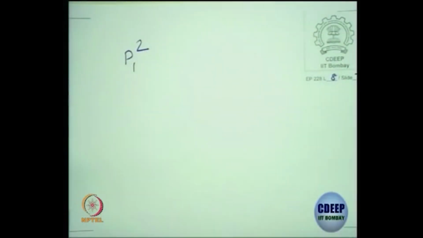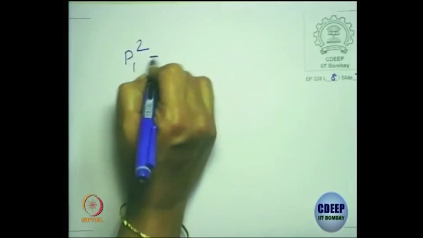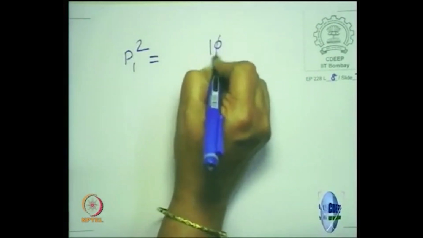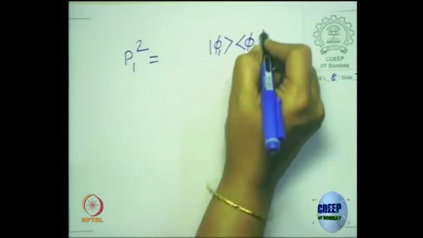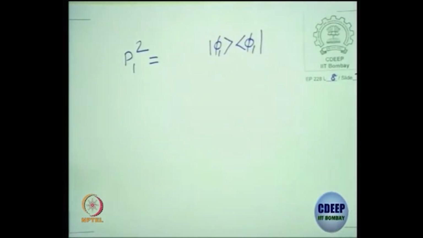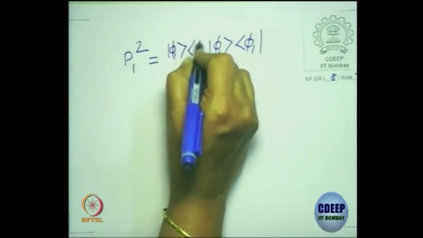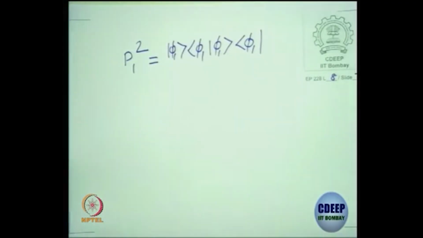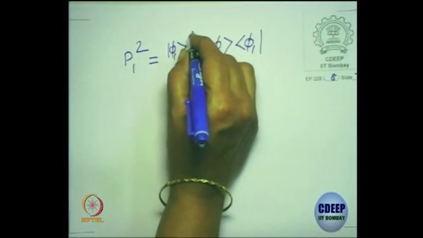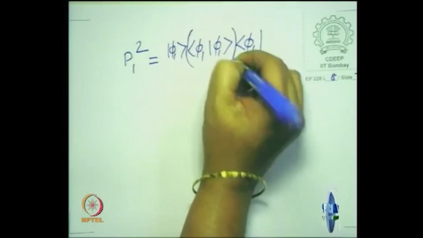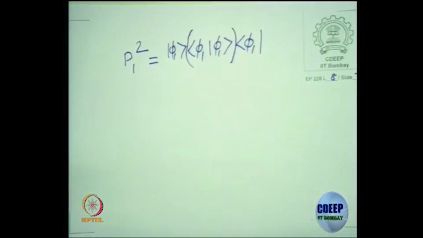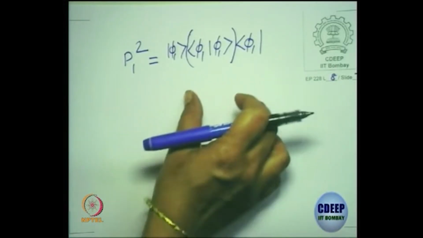Can we verify that here? Let's take P1 squared. What is P1 squared? P1 is phi 1 phi 1, so you will also have a phi 1 phi 1. But what is this? We have taken an orthonormal basis, so that is 1.